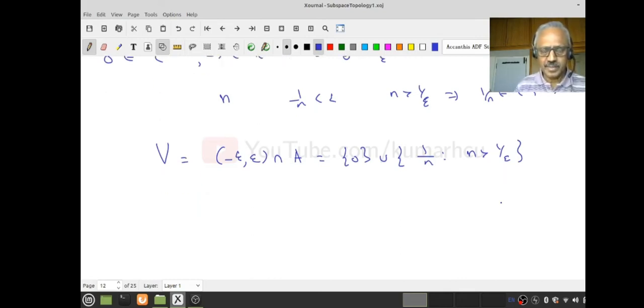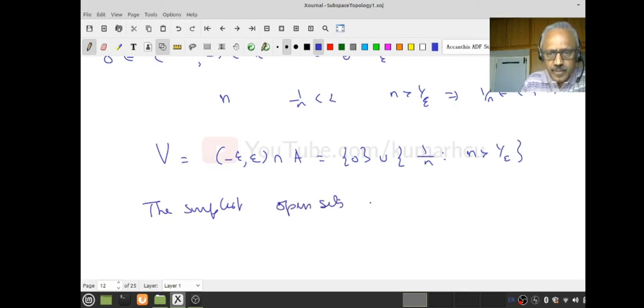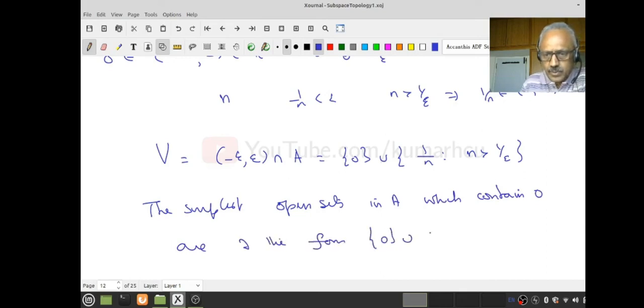Therefore the simplest open sets in A which contain 0 are of the form 0 union 1 by n, where n is greater than or equal to some N.